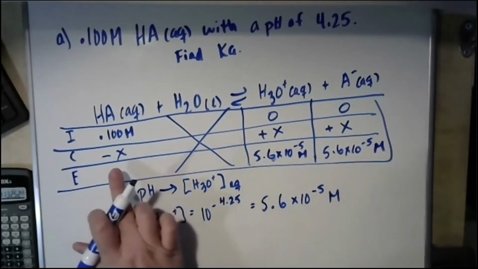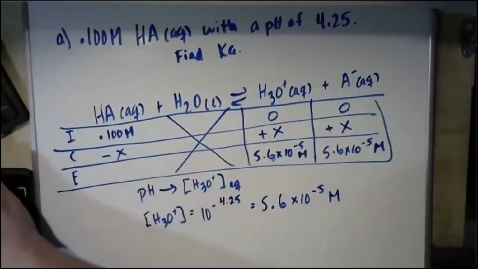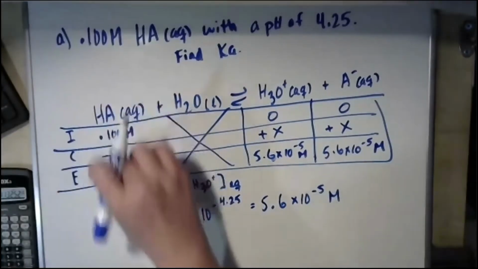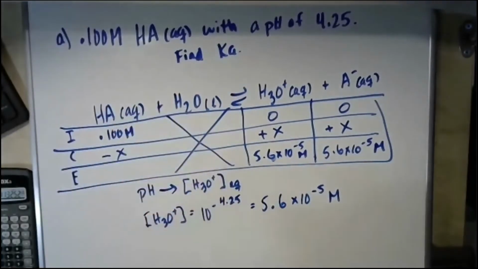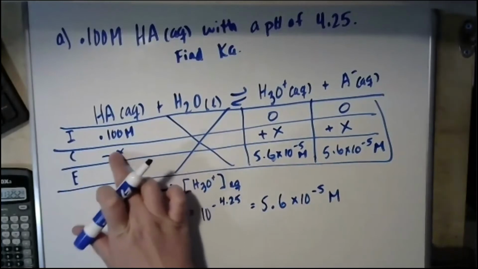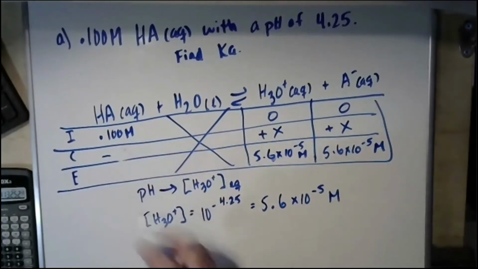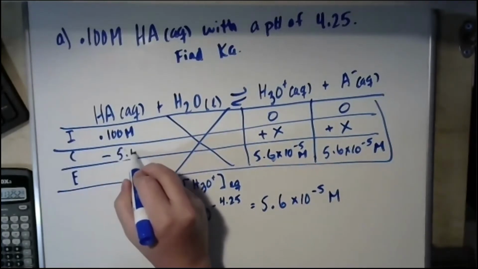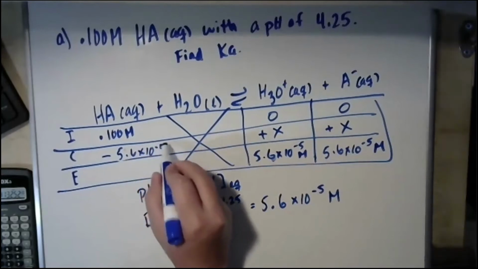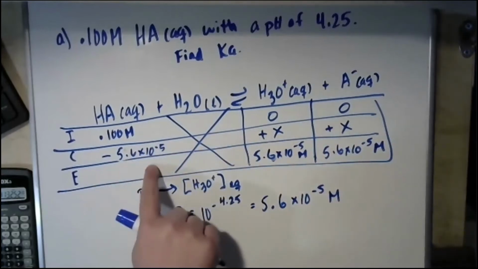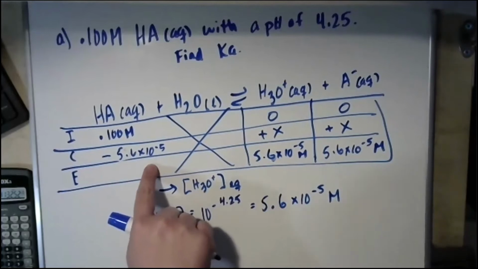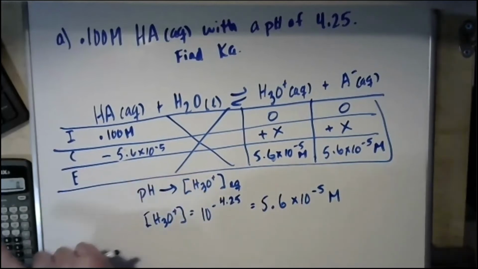Okay, and that means that over here, where we have our HA column, we can subtract X. So our equilibrium concentration of HA, it's no surprise it's going to be very close to 0.1, but we'll go through it anyway.